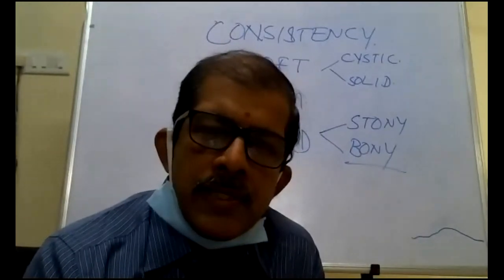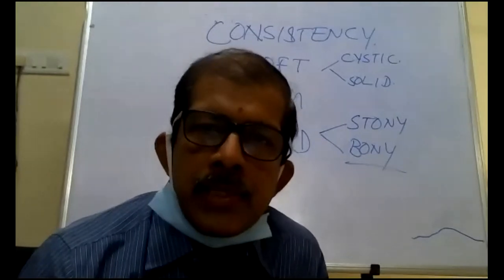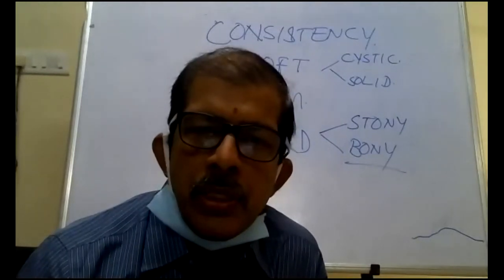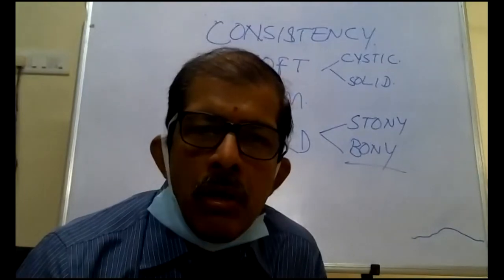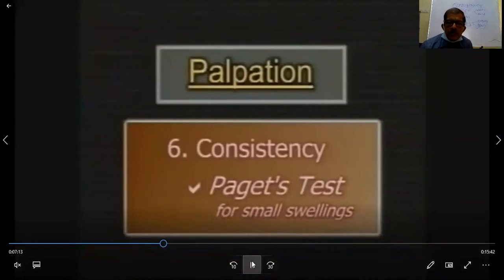What we do is, we will pick up the swelling as is demonstrated in this. So I'll show you when this comes. Okay. So that is eliciting the consistency, and this is Paget's test.